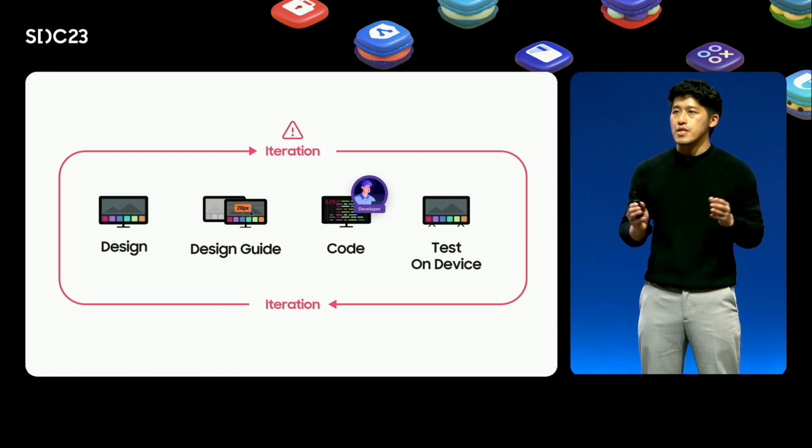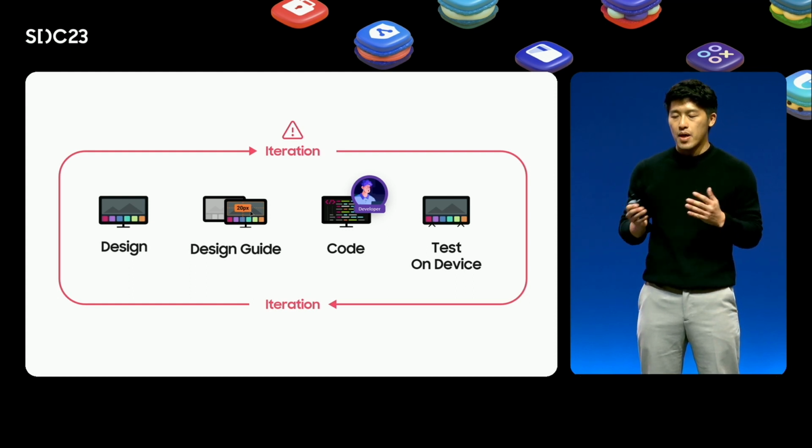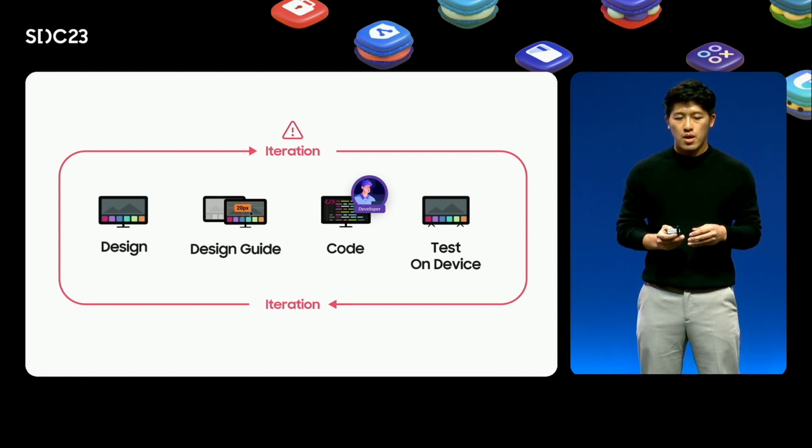Only after all of this process can the design be tested in the real world. As you know, this process limits design iteration and makes design heavily dependent on the developer.